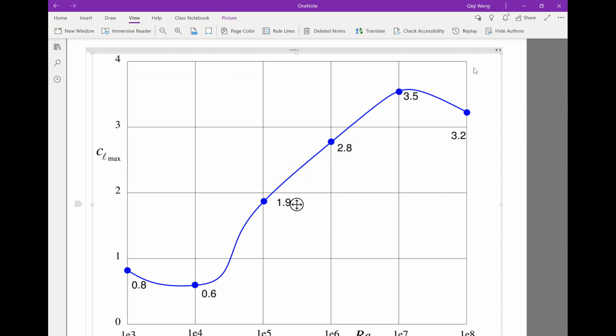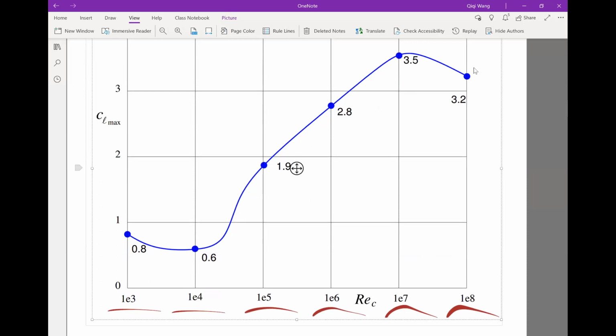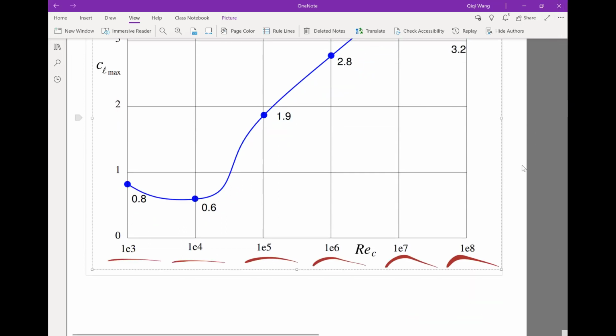The amount of lift non-dimensionalized by the aerodynamic pressure, and again non-dimensionalized by the area of the airfoil. Then at different Reynolds numbers, different non-dimensionalized velocities that you are encountering, the airfoil you can optimize looks something like this.